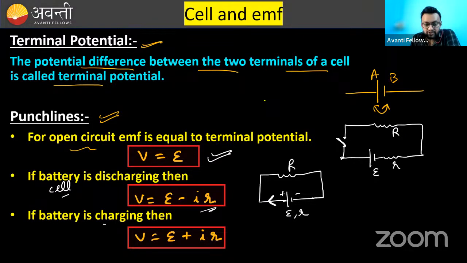How can you identify charging? In this circuit, I can draw. Suppose this is a cell, this is another cell, and this is some resistance. Suppose in this circuit, current is moving like that.